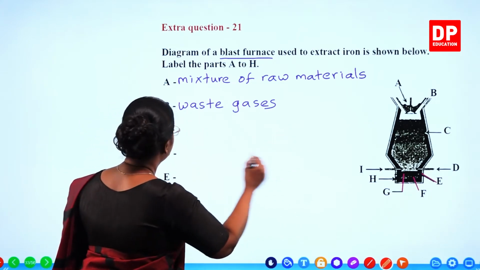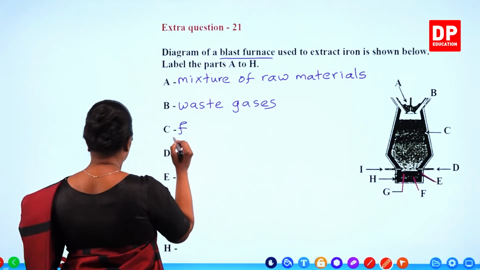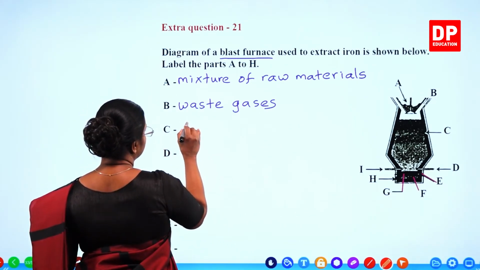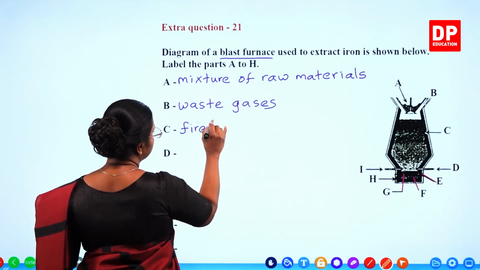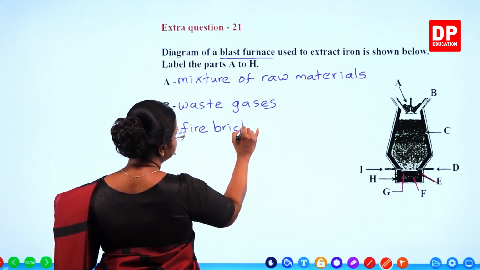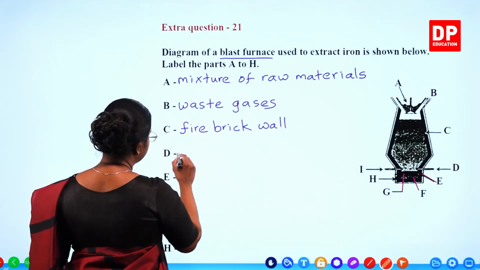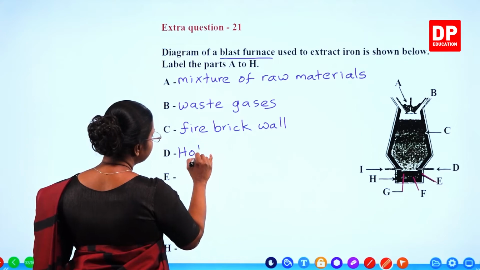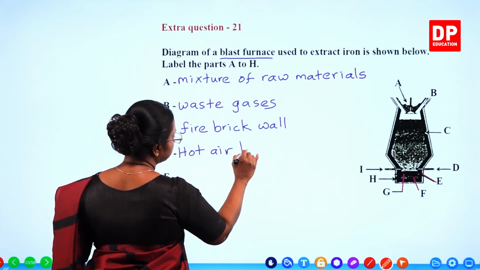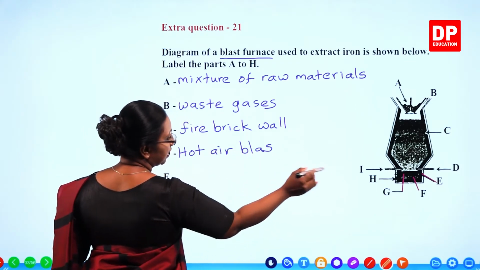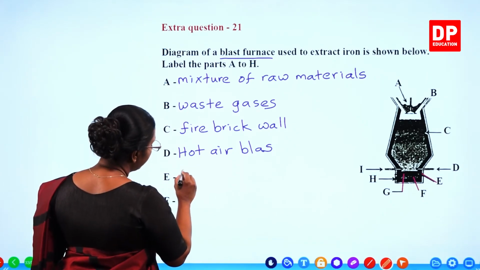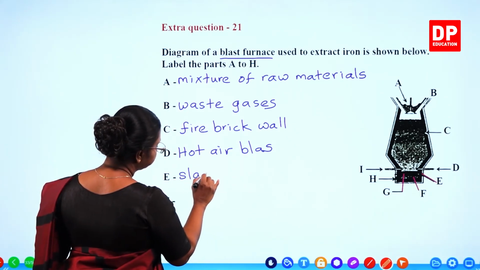Then C, you can see fire brick wall. Then D, you can see hot air blast. Then E, as I told you, slag out.